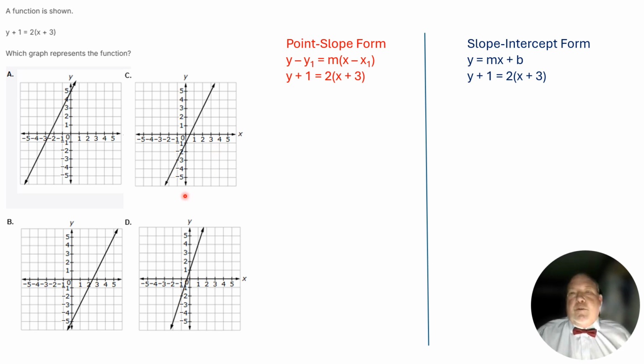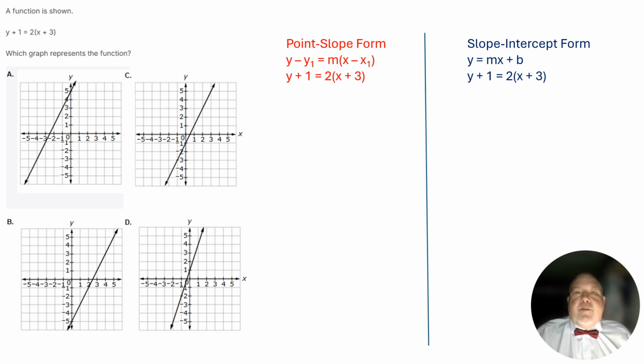So I'm going to show you two ways to do this. The first way is, I think, the easiest way. The first way is by using point slope form. And in order to do this, you would have to recognize that this equation that they gave us is in point slope form.